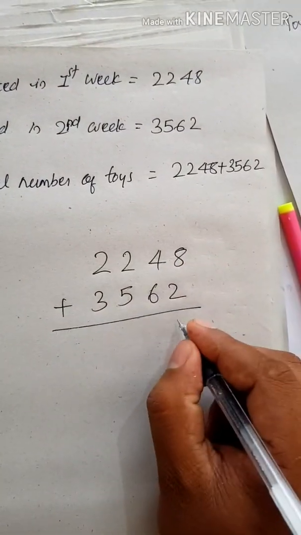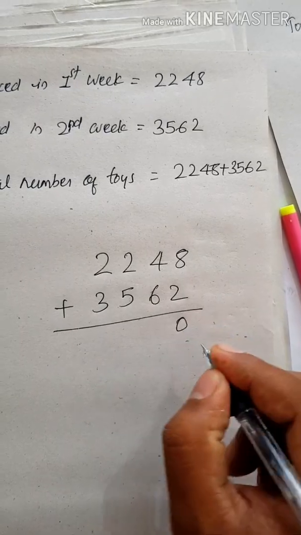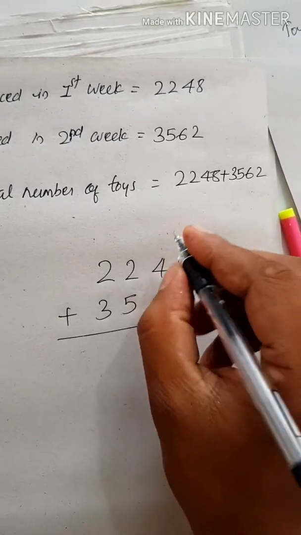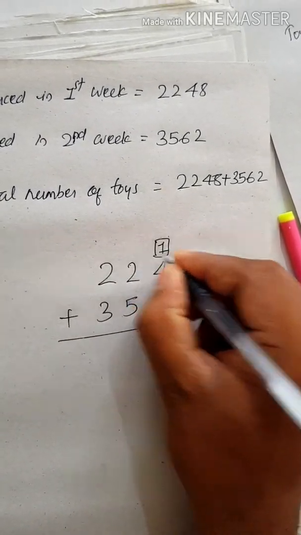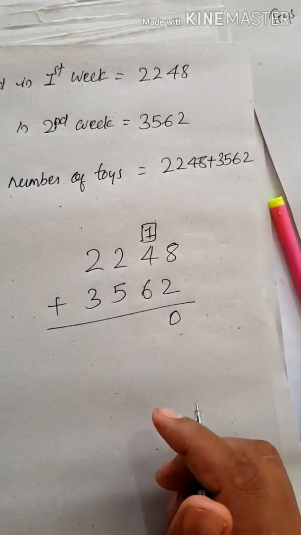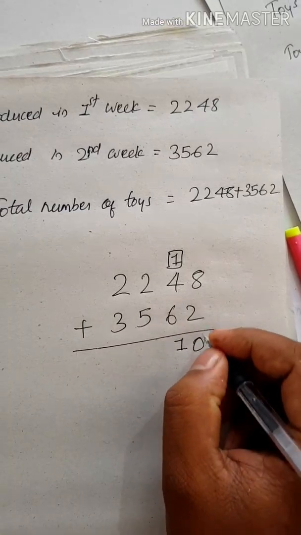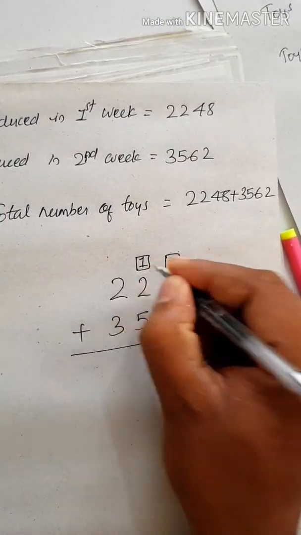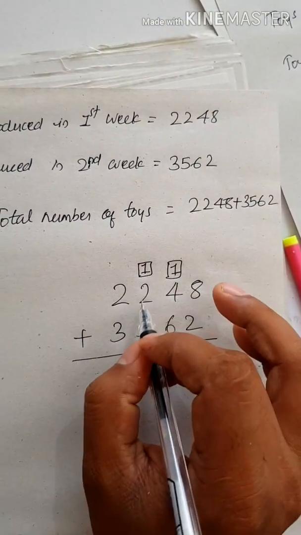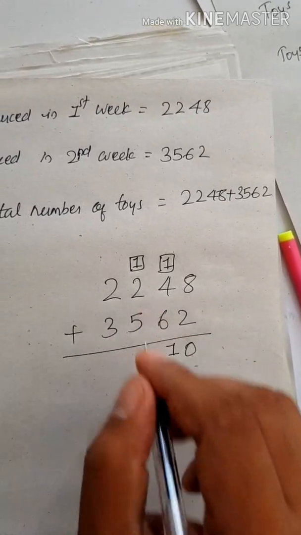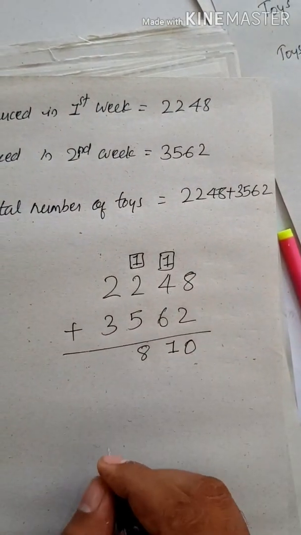Okay, let's add ones column first. So 8 plus 2 is 10. So we have to write 0 here and carry 1 to the tens column. Now 4 plus 1 is 5, 5 plus 6 is 11, 1 is carry forward to the hundreds column. Now 2 plus 1 is 3, 3 plus 5 is 8. There is no carry.